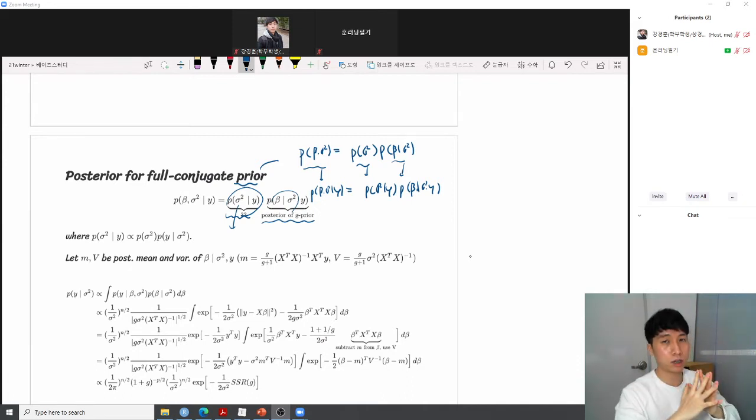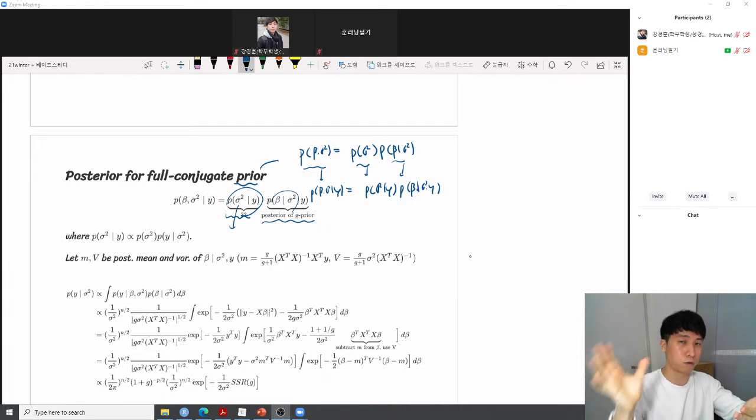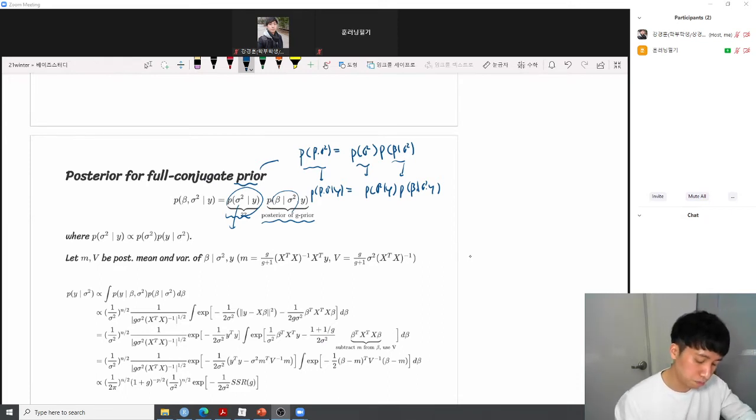So on average, when we say marginal posterior, it is a posterior of a sub-parameter where the effects of all the other parameters were averaged, or integrated out, similar thing, right? So in order to get this one, we're going to have to use this one.